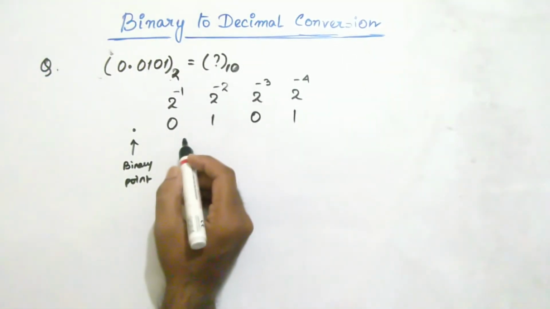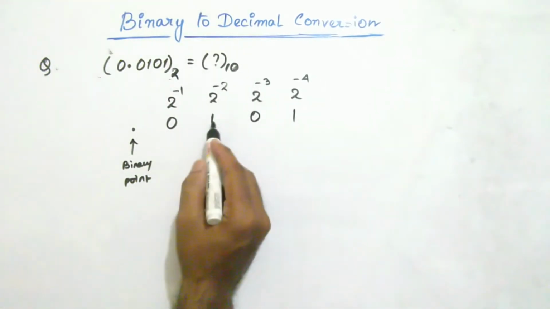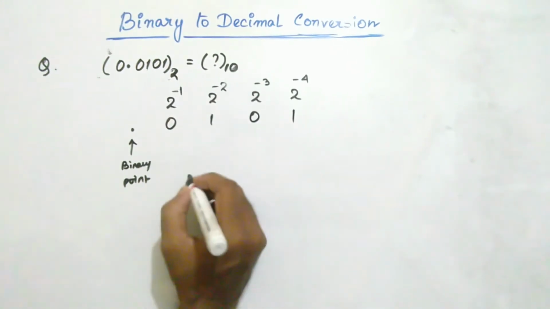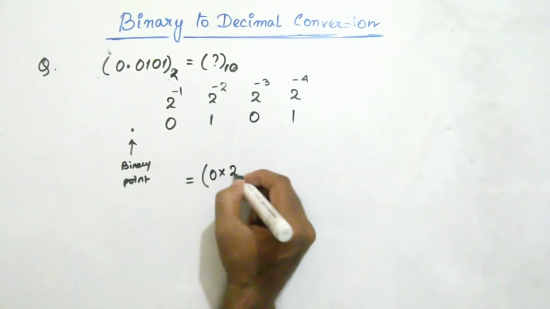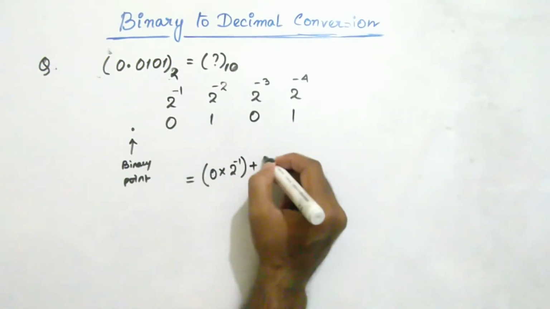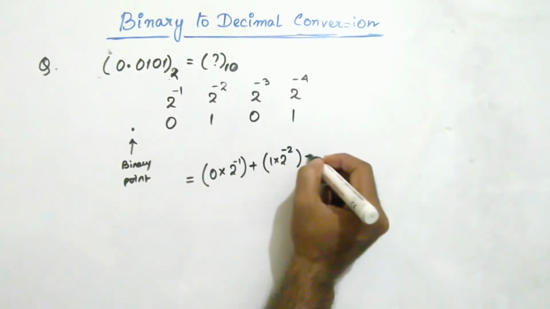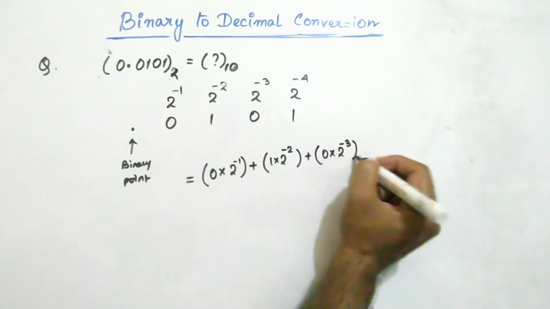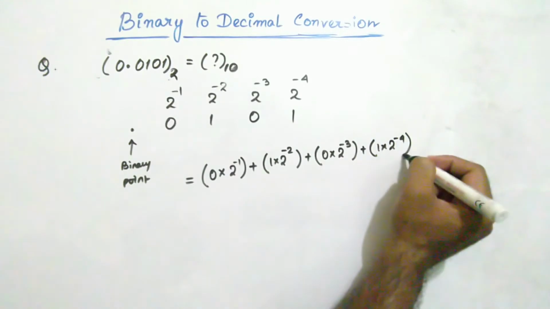After that we are going to multiply these binary digits with their positional weightage to get the decimal equivalent value. So that means 0 multiplied with 2 to the power -1, plus 1 multiplied with 2 to the power -2, plus 0 multiplied with 2 raised to the power -3, plus 1 multiplied with 2 raised to the power -4.